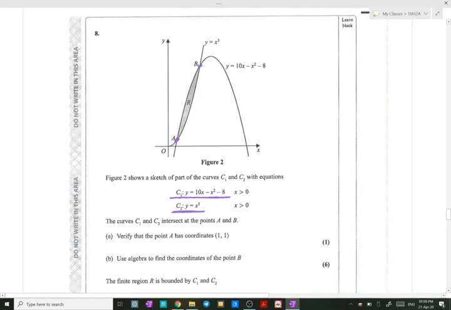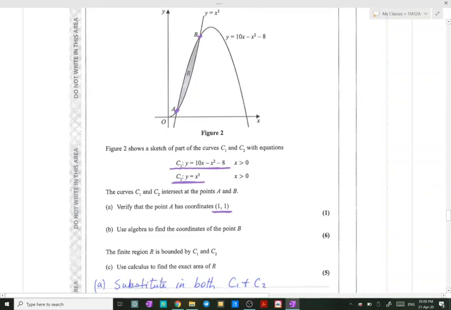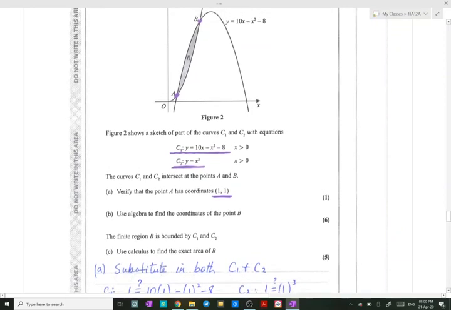Part A, verify that the point A has coordinates (1, 1). So we need to prove that A has coordinates (1, 1). In order to do this, we can substitute the coordinates of A in the equation of the first curve and in the equation of the second curve.